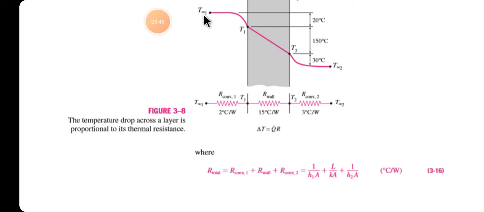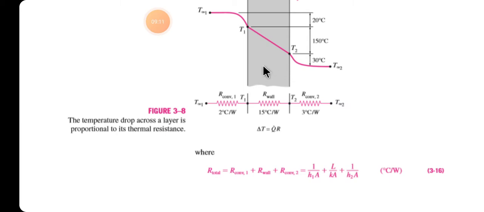You can see that we have a surface temperature outside, and we have the surrounding air temperature T infinity, and we have a surface temperature of the wall T1. There will be a resistance of convection heat transfer, and from T1 to T2 we have a resistance of the wall due to conduction.